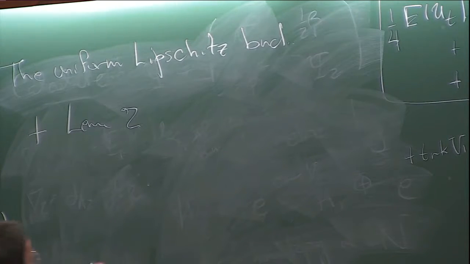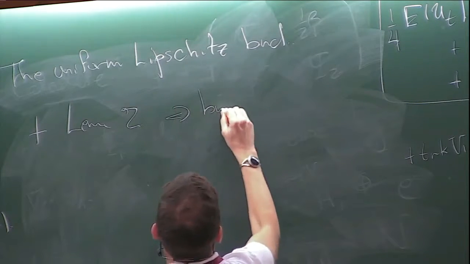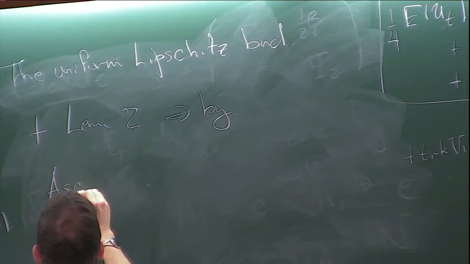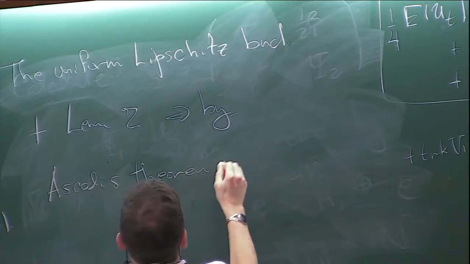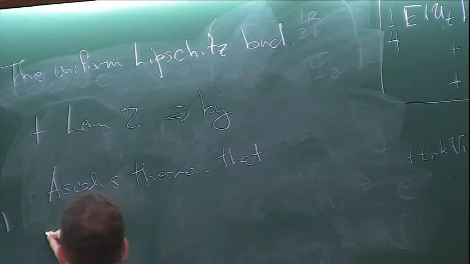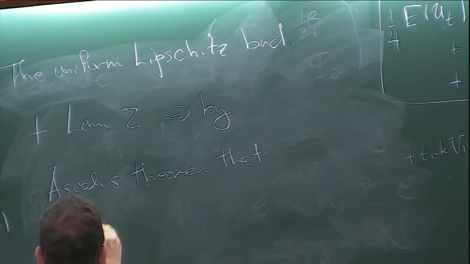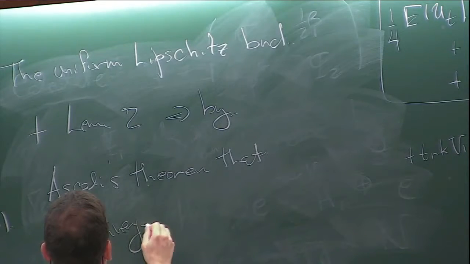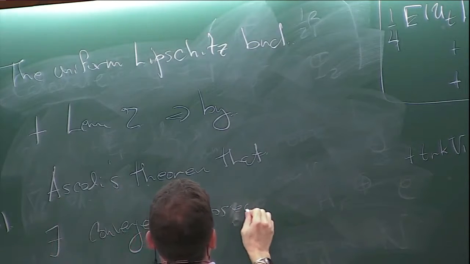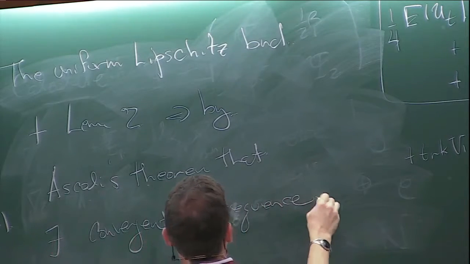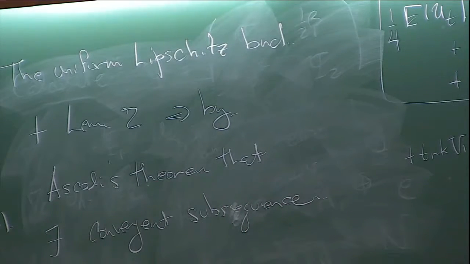So by Ascoli's theorem there is a convergent subsequence. Okay, and so under these other assumptions, you can then prove that the convergent subsequence actually converges to a harmonic map.